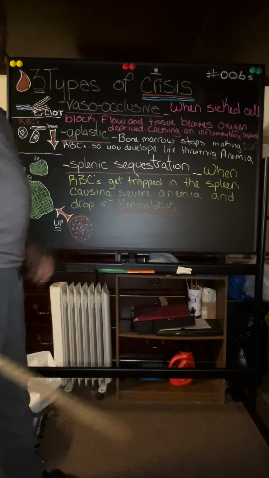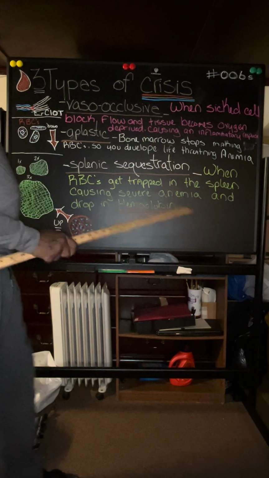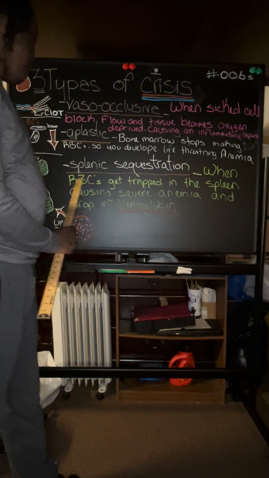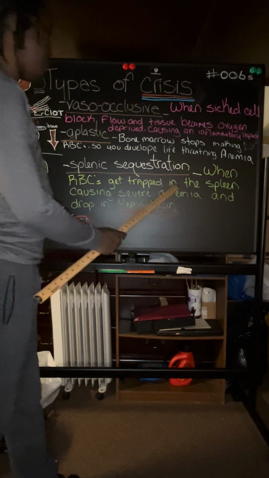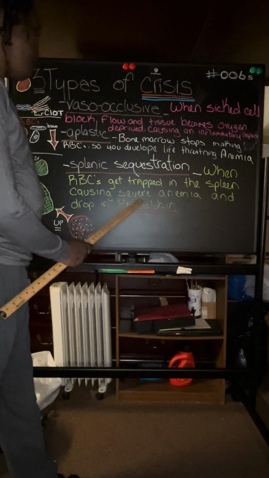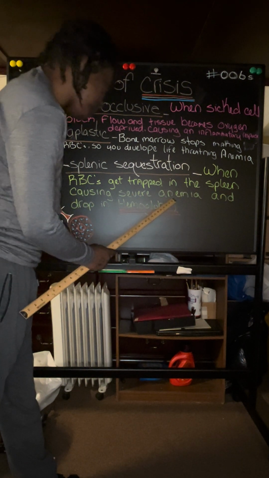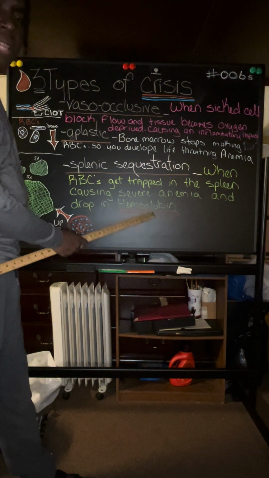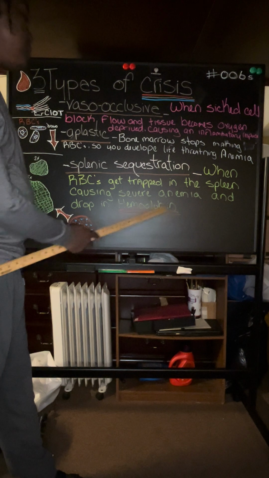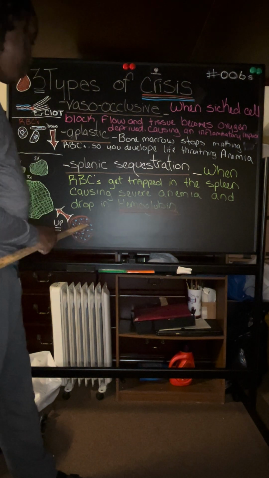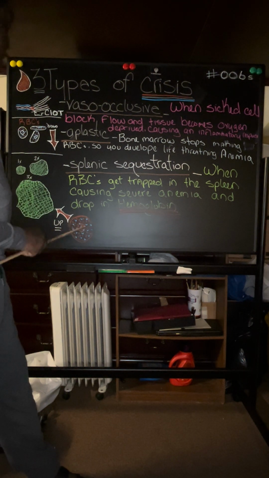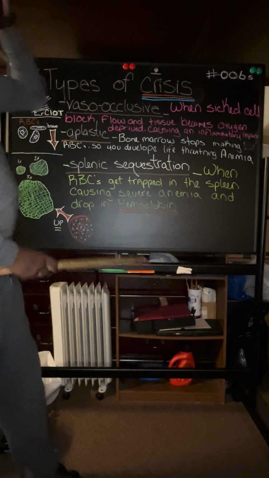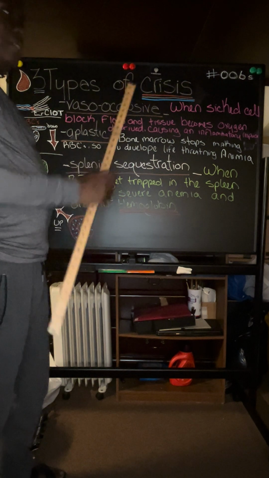That's when RBCs, when red blood cells get trapped in the spleen, causing severe anemia and a drop in hemoglobin. Hemoglobin, that was the word we talked about last week. Hemoglobin is the oxygen in the cells, the little blue light dots, the oxygen. So it makes your hemoglobin drop significantly.